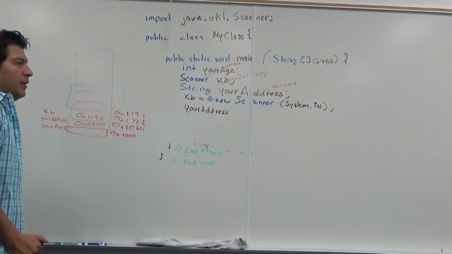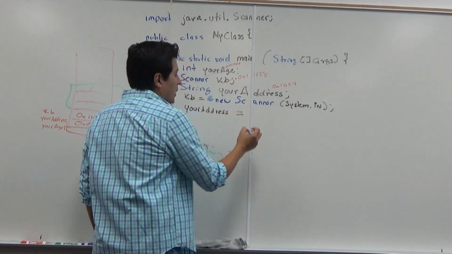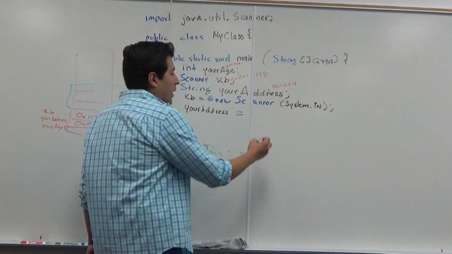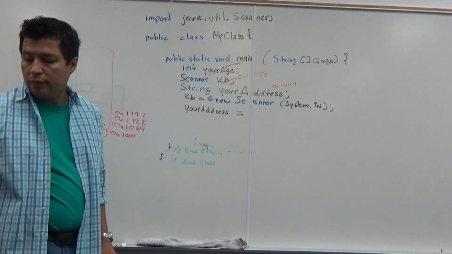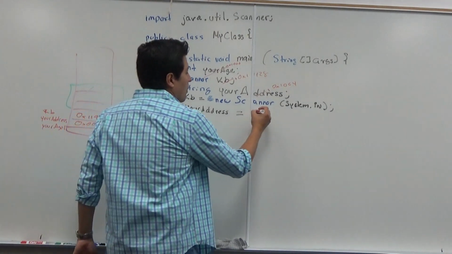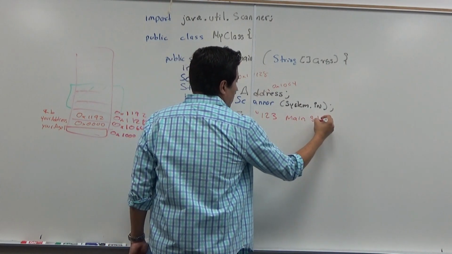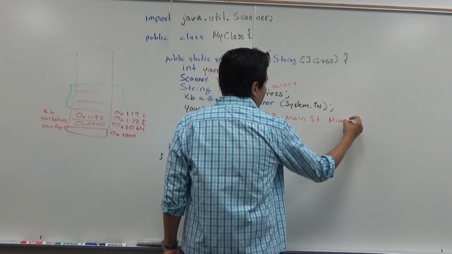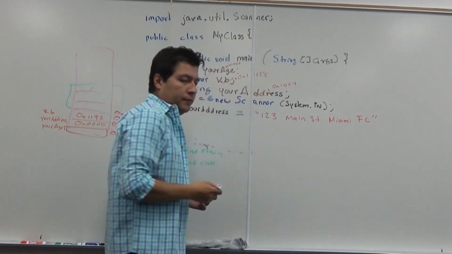It's 2 to the 16, whatever that number is. But the funny part is, a string behaves like a primitive type. So I can write directly there, 1, 2, 3, Main Street, whatever.